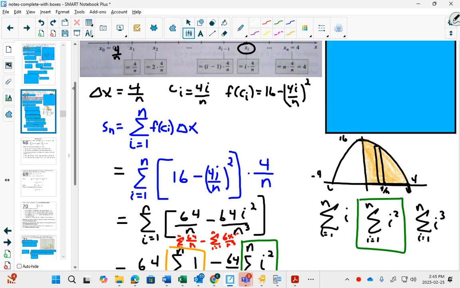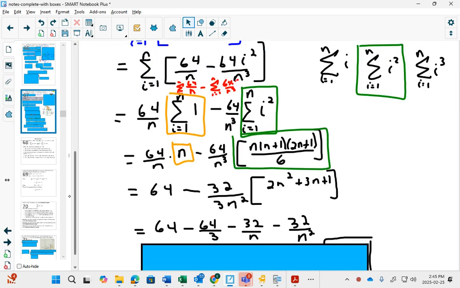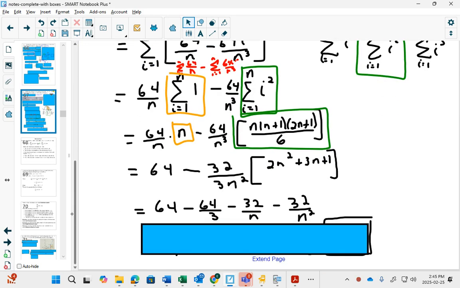If I plug in 1, do I get 0? This is 32, 32. Oh, I actually get a negative? Is it because you multiplied the 3 binomials at the top? Because you should get an n cubed, if I'm not mistaken. Oh, I canceled out one of these n's with this n. That got me the n squared.